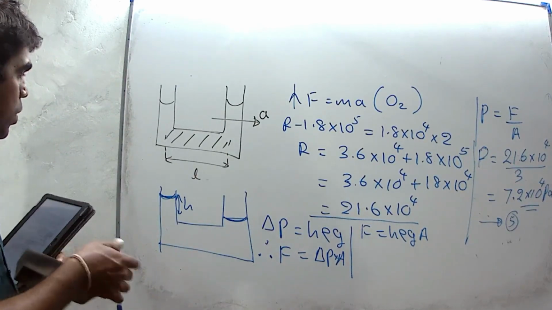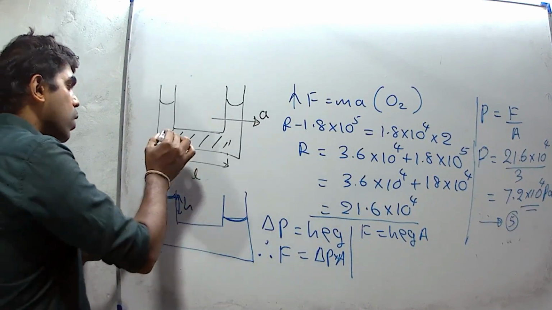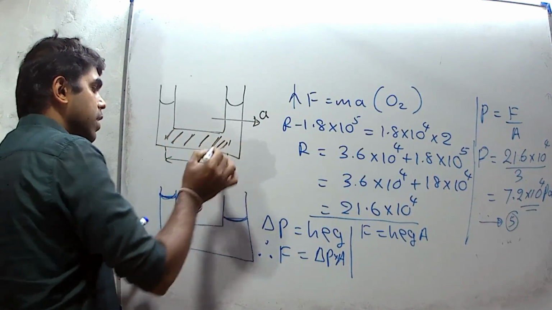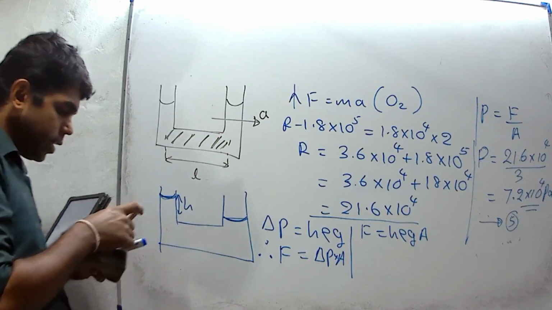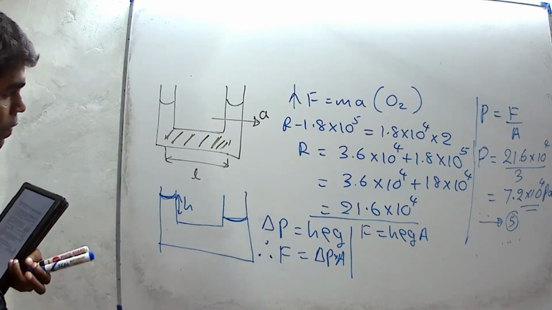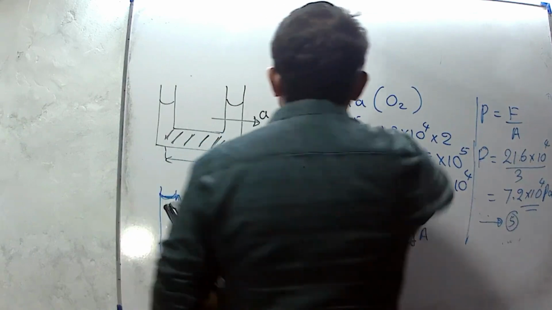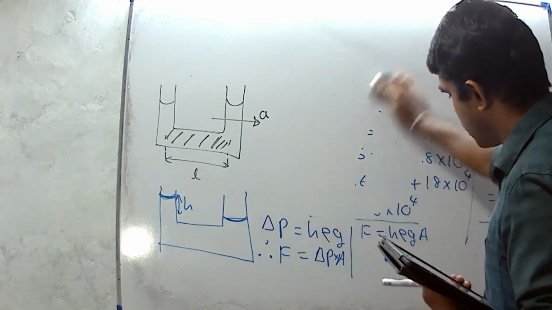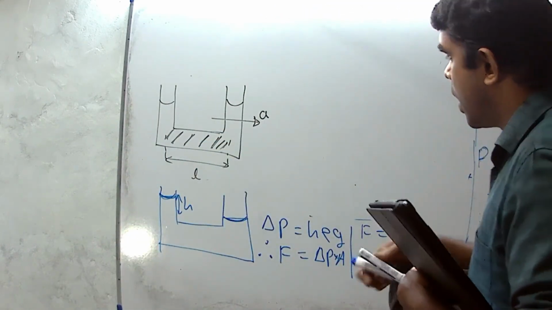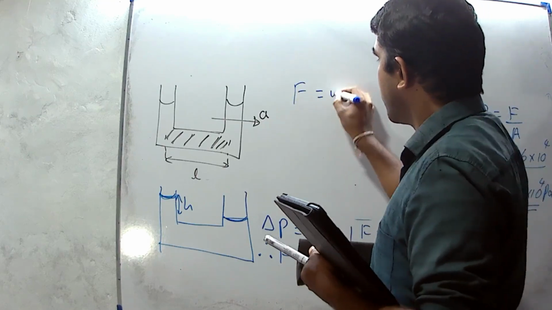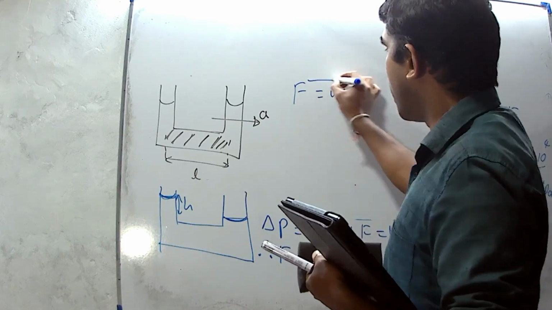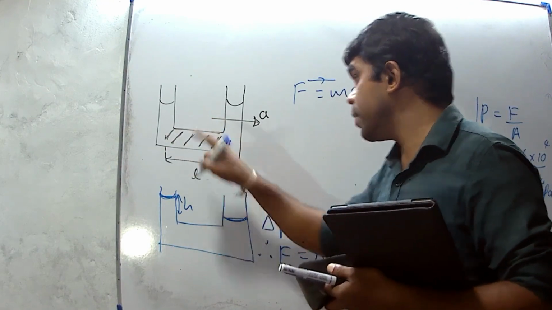Now we can use F equals ma for this horizontal length. Only the horizontal length is moving when accelerating the system. Then we can use F equals ma for the horizontal part.